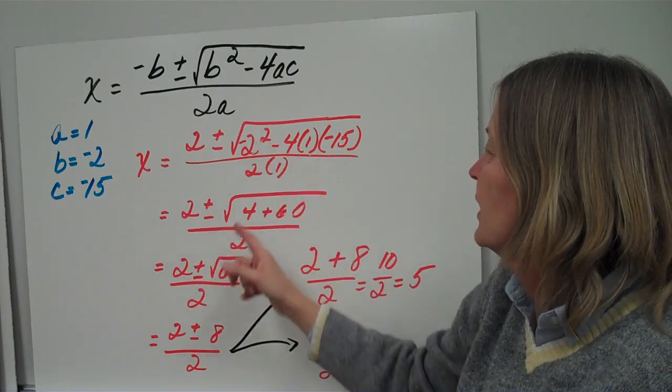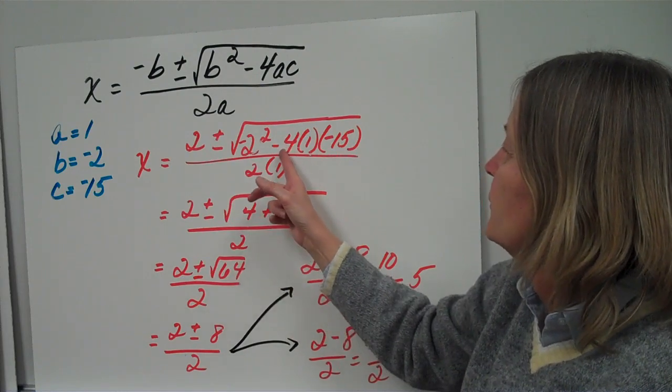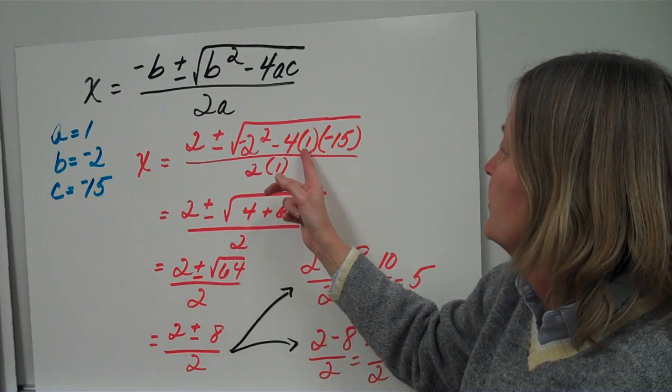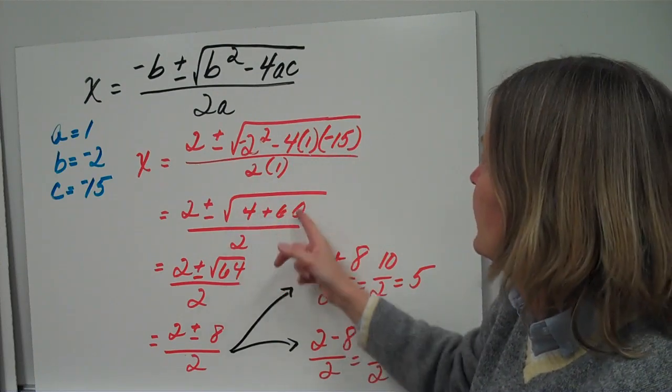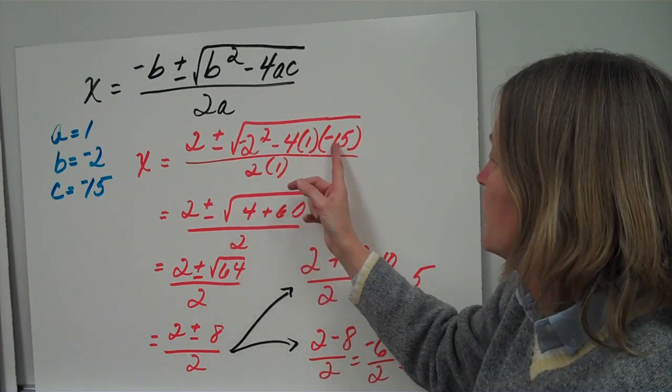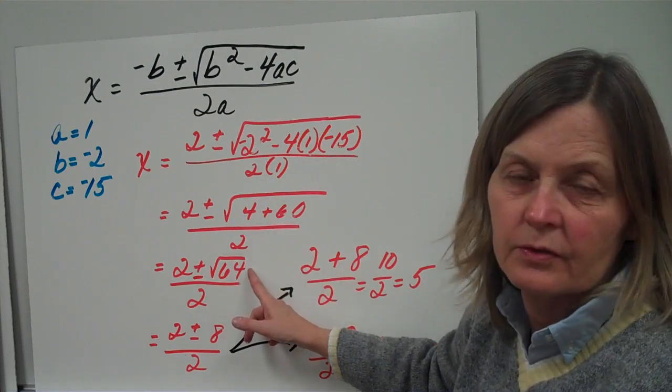Let's look at the square root sign. Negative 2 squared is a positive 4, and negative 4 times the 1 times the negative 15 will give us a plus 60. So watch again your signs in this section of the problem. Down here, we're going to take 4 plus 60 and make it 64.